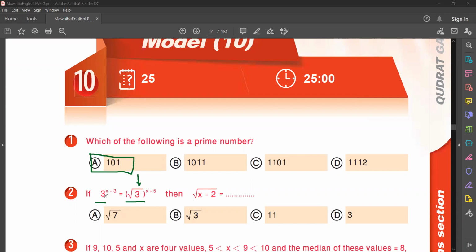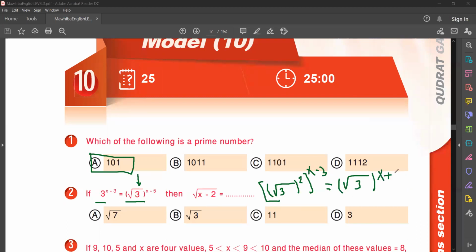Now, how do I find it? You can put the 3 inside the square root, so you write square root of 3 to the power 2, which is the same as 3. Then all of it is to the power x minus 3, equals square root of 3 to the power x plus 5.